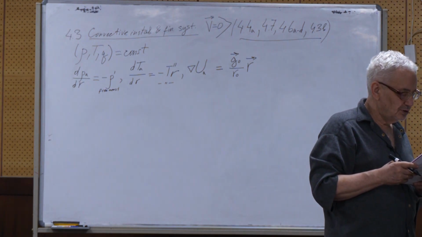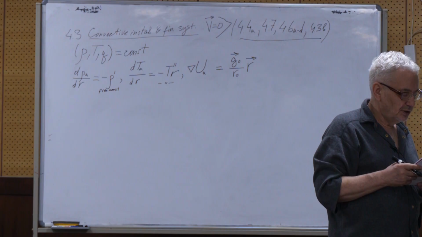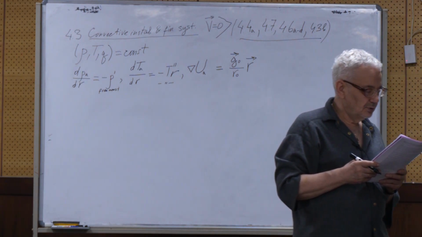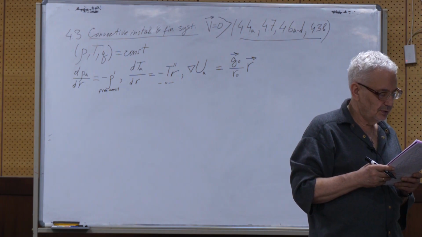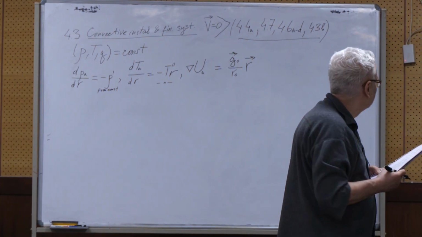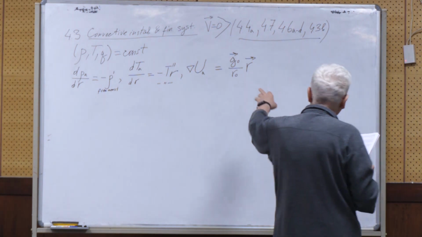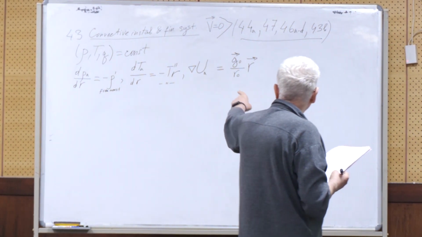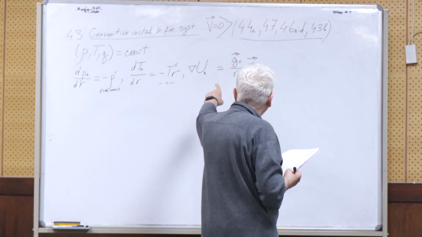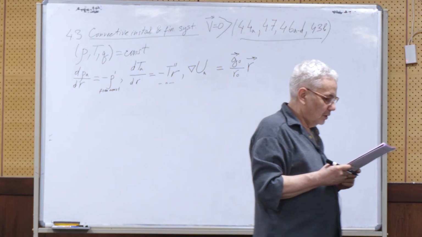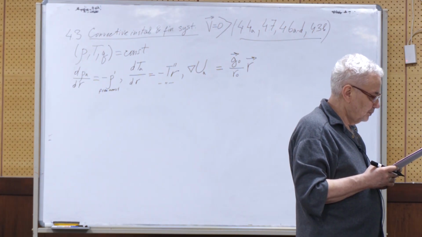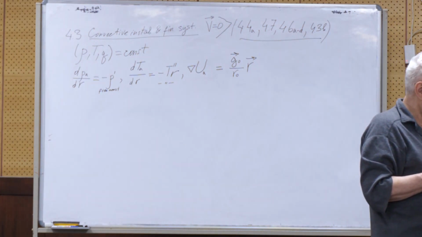Both of these quantities are determined by the linearly varying with the spherical radius gravitational acceleration gradient, grad U minus grad U originally. But here there is another sign because we put it here. This is for the liquid spherical layer in the deep interiors of planets and their satellites.